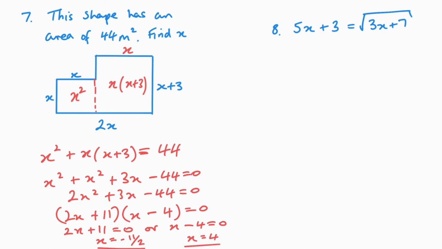And then finally, question 8. We want to square both sides. So we have 5x plus 3 squared equals 3x plus 7. Expanding this bracket, so we've got square the first, 25x squared, double the product, so 3 5s are 15, so this is 30x, and square the last, plus 9.